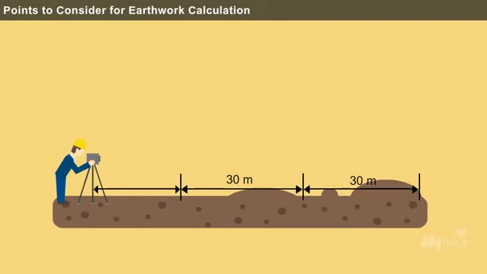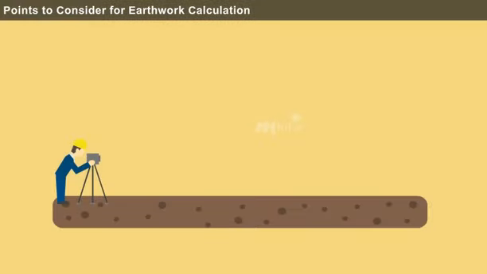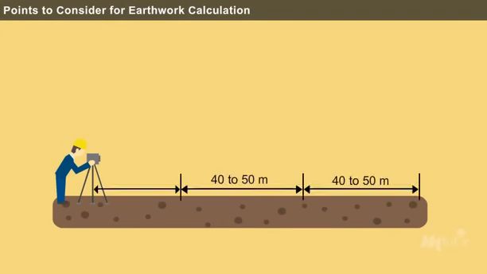The road level of the ground is generally taken by leveling every 30 meters along the center line of the road. When the ground level is even, the leveling is taken from 40 to 50 meters and sometimes it can go up to 100 meters. When the ground level is uneven, the leveling is taken as 20 meters or less than 20 meters depending on the nature of the ground.